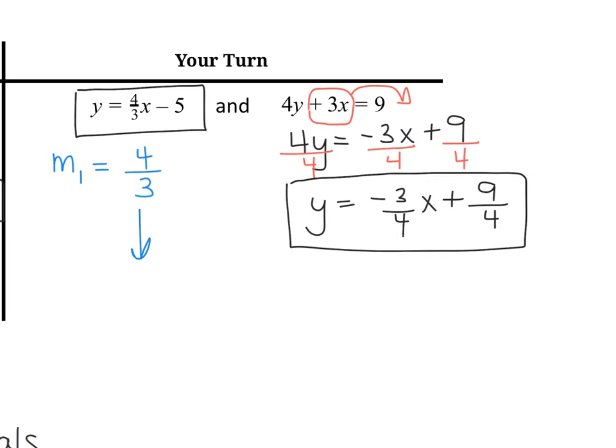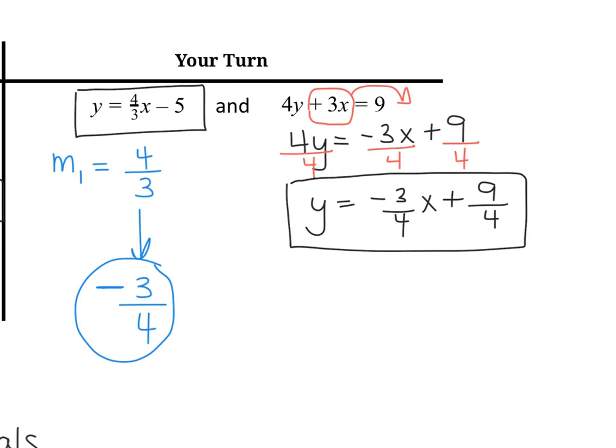So 4 over 3, if I flip that, it's going to become 3 over 4. And then the second step is to change the sign. So right now this is a positive 4 over 3. If I want to change the sign, it's going to turn that positive into a negative. So the negative reciprocal of 4 over 3 is negative 3 over 4.